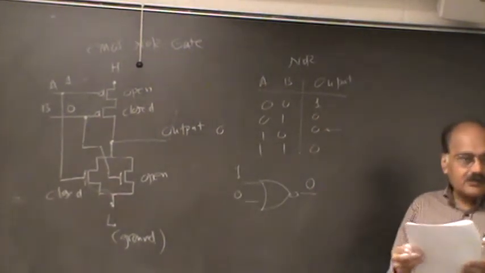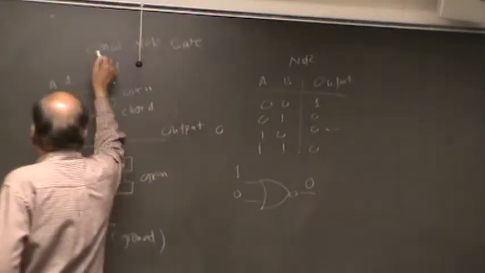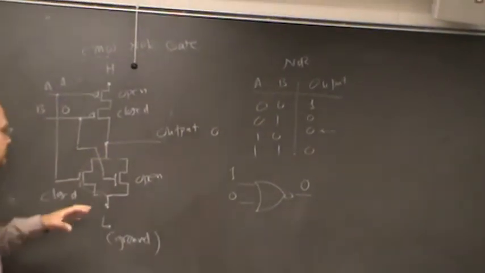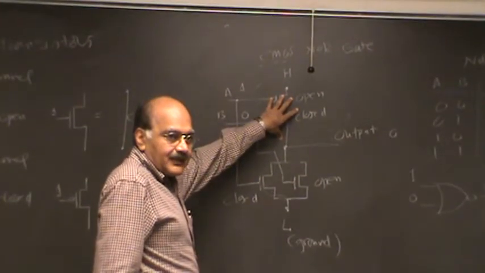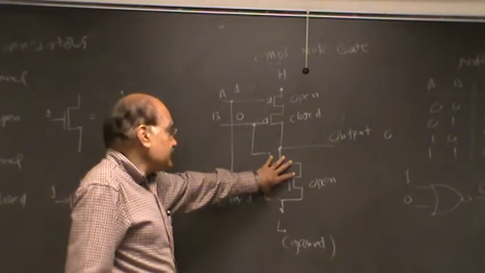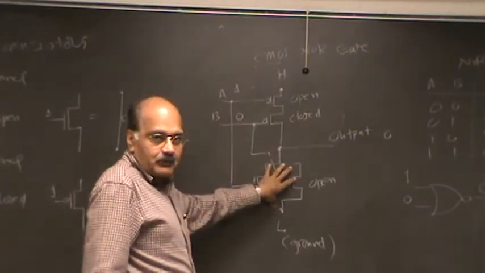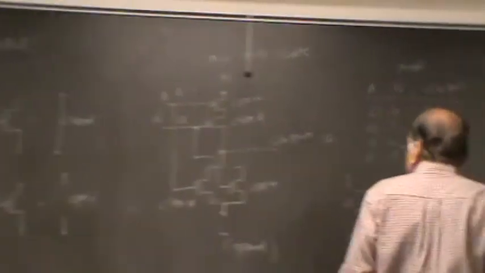So this is how, and notice that this is complementary MOS. You have two complementary structures. Whatever structure you have here, you have exactly complementary structure here. So if these two are in series, the others will be in parallel, and so on. And that's why this is called CMOS.